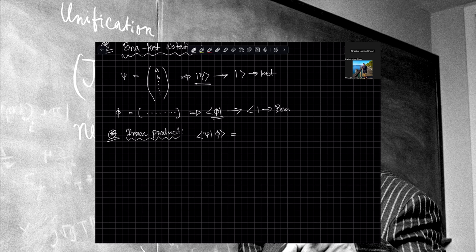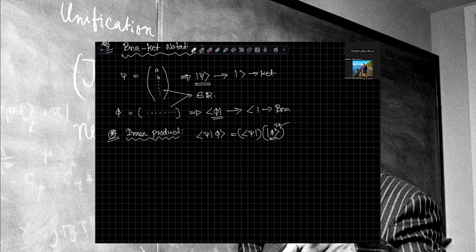So what this really means is you are just doing this with this. That means you take the column vector psi, then turn it into a bra. That means you transpose it, turning the column into a row. Similarly, if you want to compute the ket of phi, you take the row and turn it into a column. And how do you do that? You do that with the transpose thingy, assuming all these elements are real.